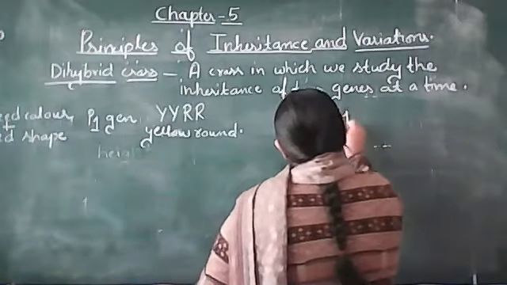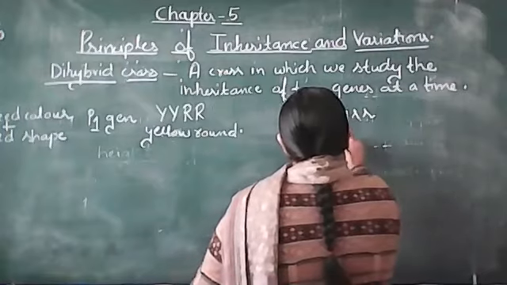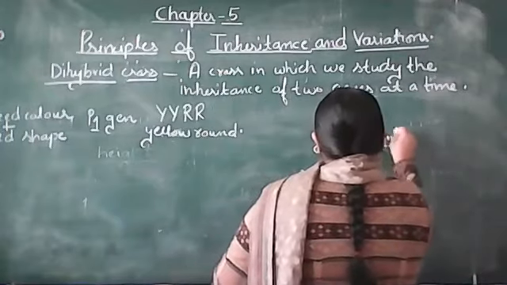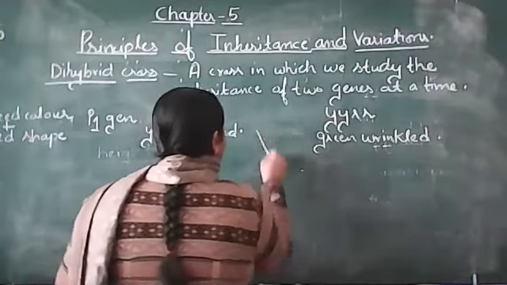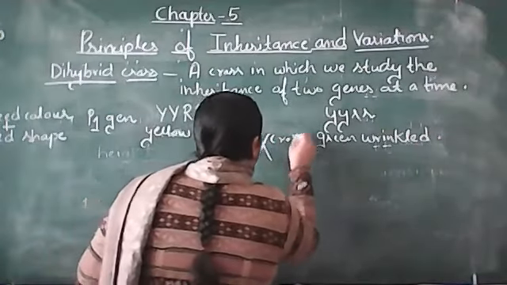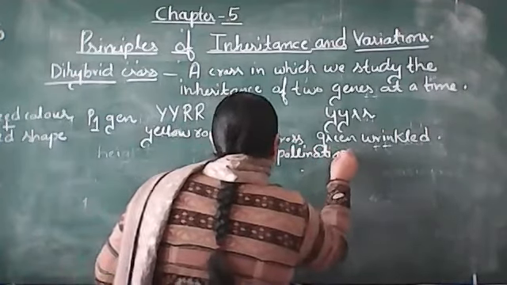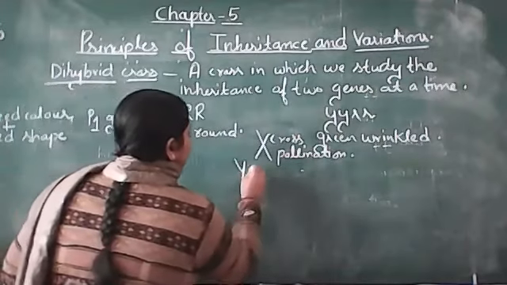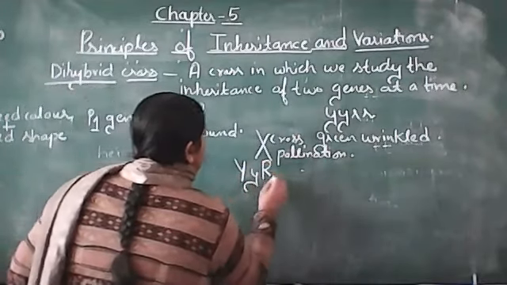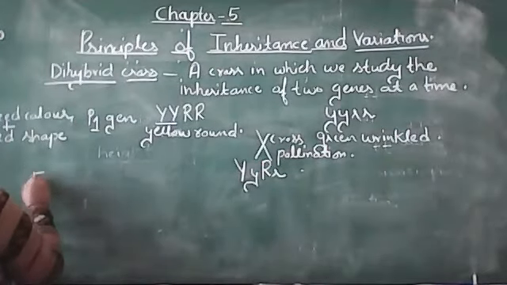And small y and small r here represent green and wrinkled. So as you know, we have done cross pollination, and after cross pollination, we have one capital Y, one small y, one capital R, and one small r. So this is the F1 generation.